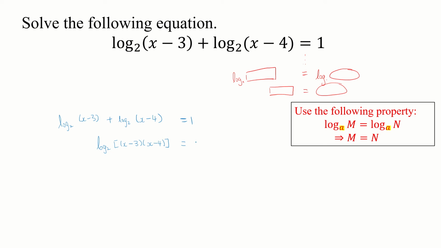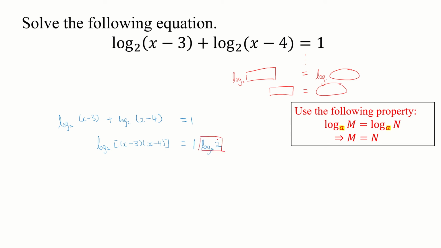So now I'm going to teach you a trick. This trick is going to be very natural to you after a while. I'm just going to copy this 1 down, but I'm going to add something behind. This something behind is log base 2 of 2. Now let's analyze what we did. Why do we add log base 2 of 2?